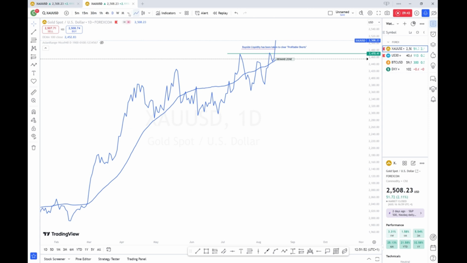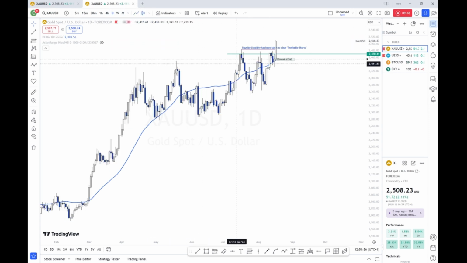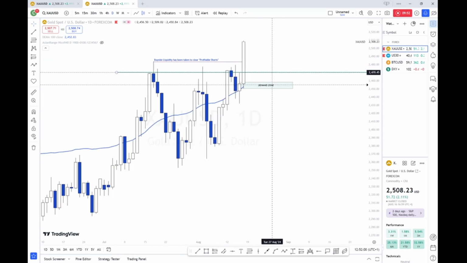If you check on the candlestick pattern, where I drew that is the top of this candle on the daily time frame. From this place to this side is an imbalance, so of course price is going to come back for the imbalance.